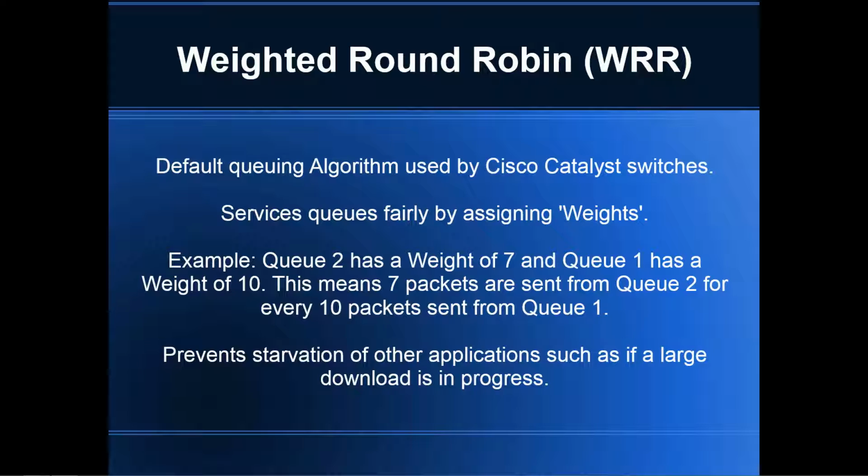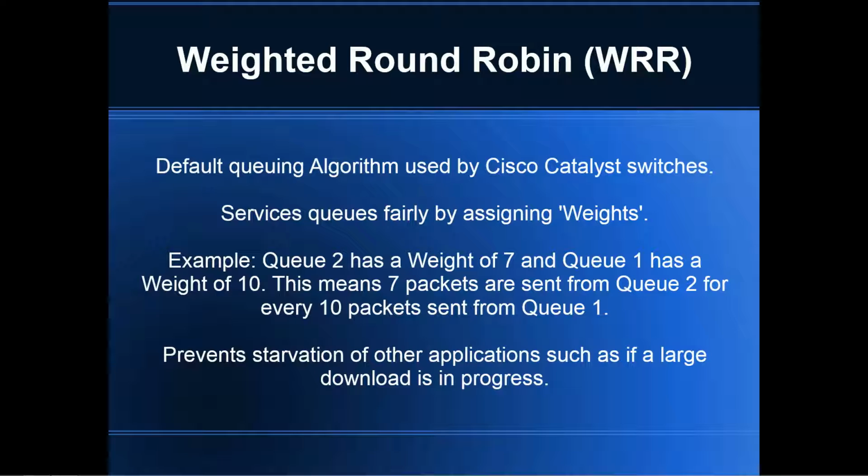So let's talk about weighted round robin. Round robin just kind of goes, if you have 5 queues, through first queue, second, third, fourth, fifth, then restarts. That way everyone gets equal chance to send. But the problem with equal round robin is, what happens if your first queue is voice and you might need additional space for that?